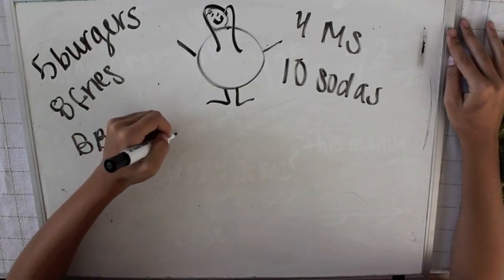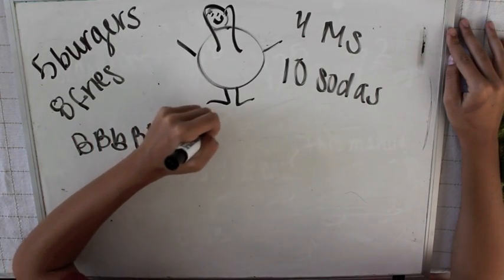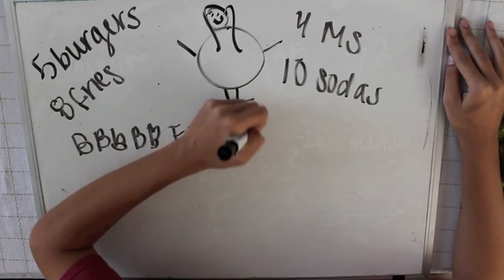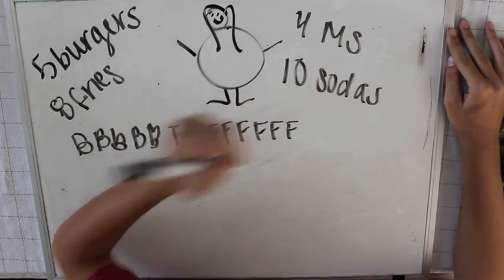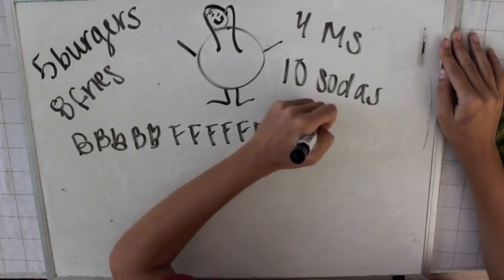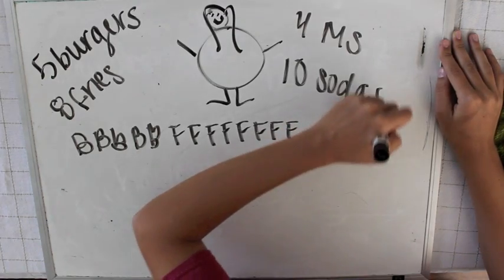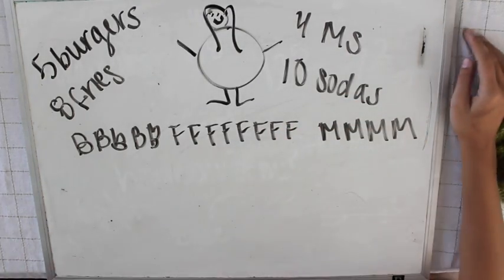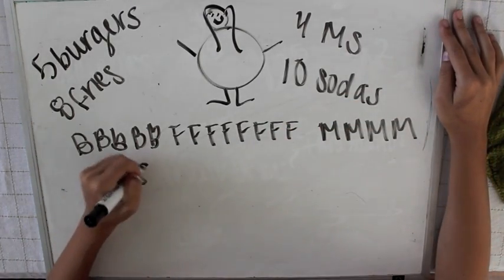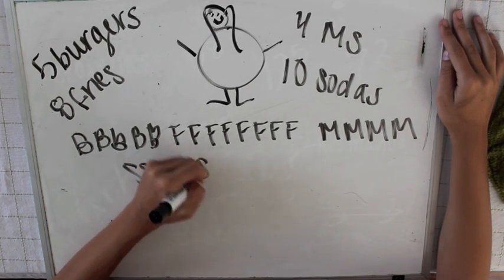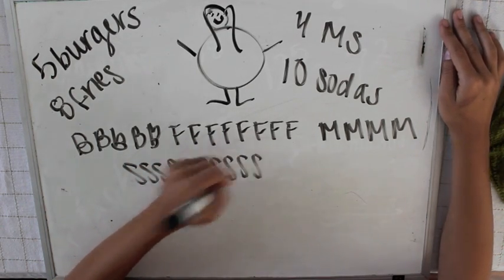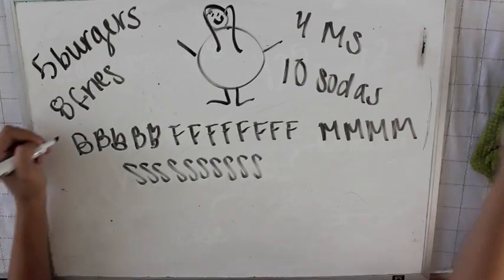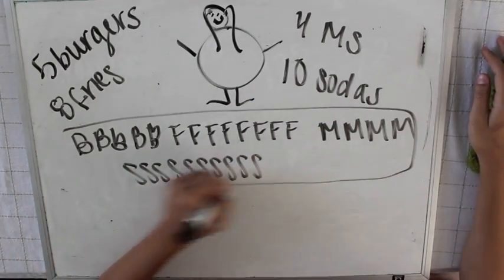And then fries, she has 8. 4 milkshakes, so we'll just do M. And then 10 sodas. So really, this is her order.